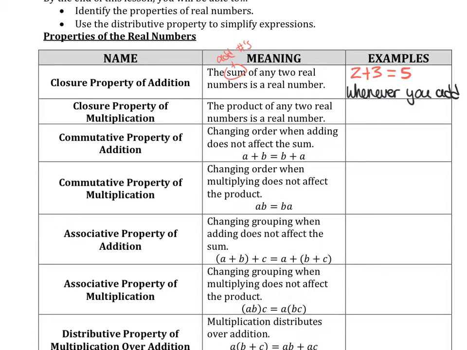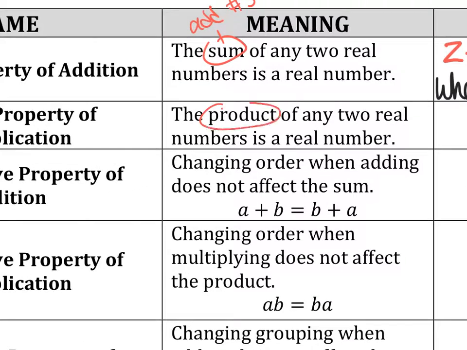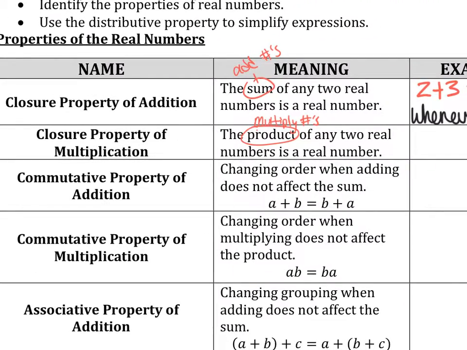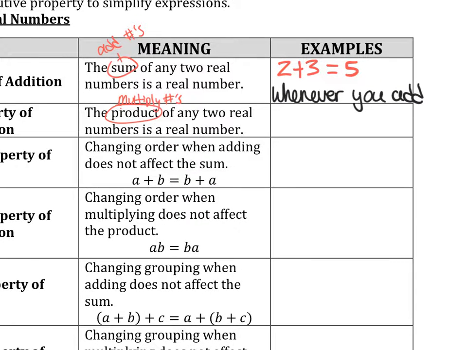The next one, closure property of multiplication, same idea, but for multiplication. The product, which means multiplication, of any two real numbers is a real number. So it's the same idea. 2 times 3, 2 and 3 are both real.